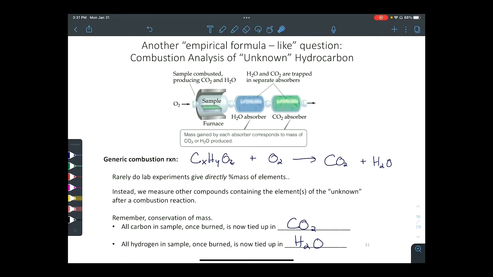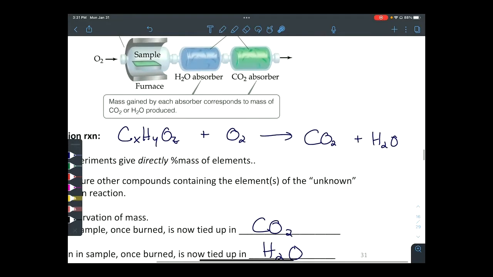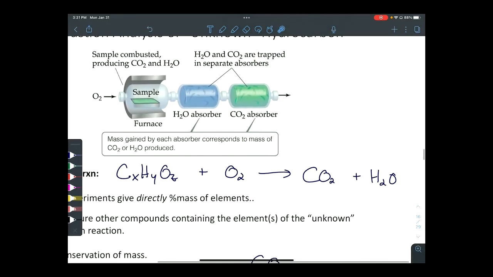So when doing combustion analysis, we're working off the principle of conservation of mass. If we burn something with carbon, hydrogen, and oxygen, all of the moles of carbon in our sample goes where? It goes to CO2. All the hydrogen in our sample goes where? In water. So if we know the mass of CO2 and the mass of water, we can figure out, okay, how many moles of carbon and hydrogen did we start with?